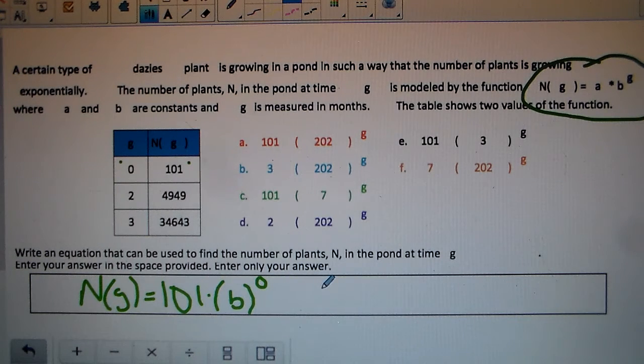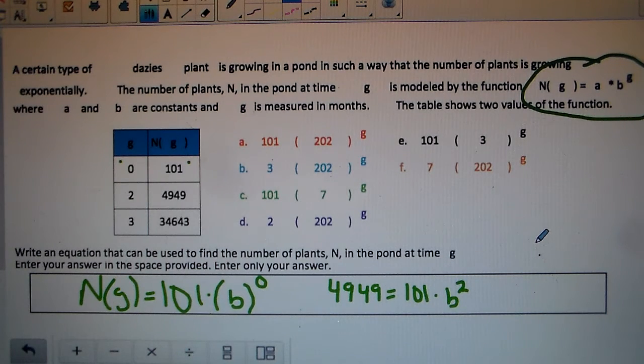That's our first data point. Our second data point says 4,949 is equal to 101, because that's our starting amount of daisies, times our b, and then our power of g is 2, so it would be b squared. Now our goal is to solve for b. So we're going to divide both sides by 101. 4949 divided by 101 is equal to 49.